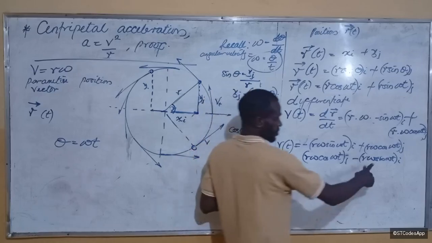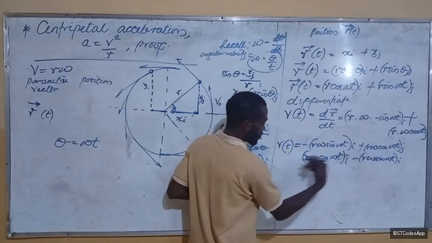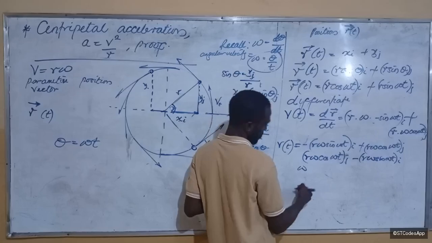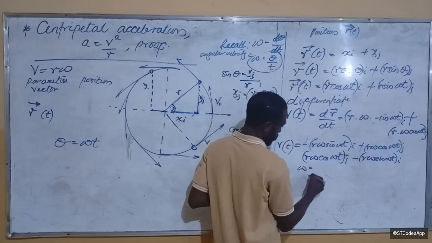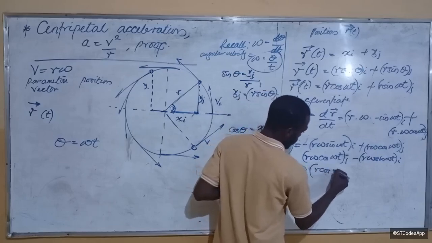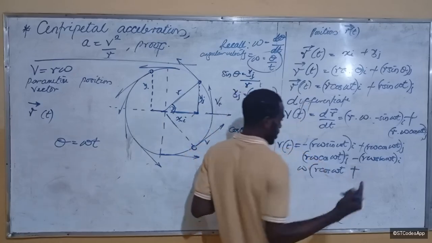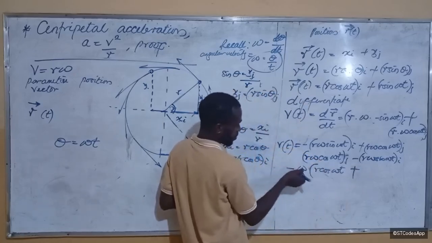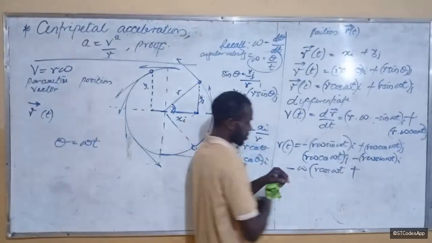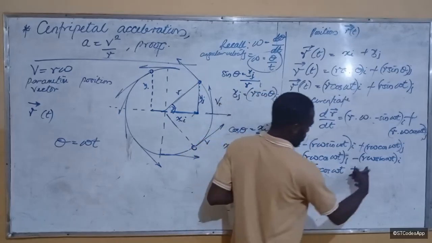In this case, at both i and j, omega is going to be the same. So if we collect omega out, we have omega into brackets, r cos omega t. Now, I have to put minus here to change it back to minus. Is it clear? Good. So v in terms of t becomes this.